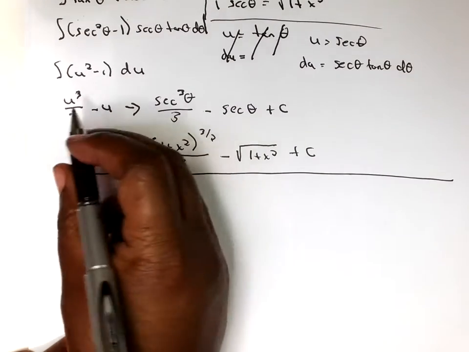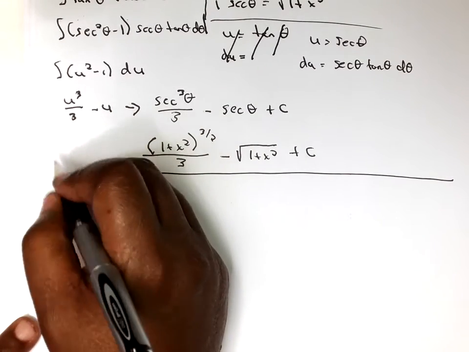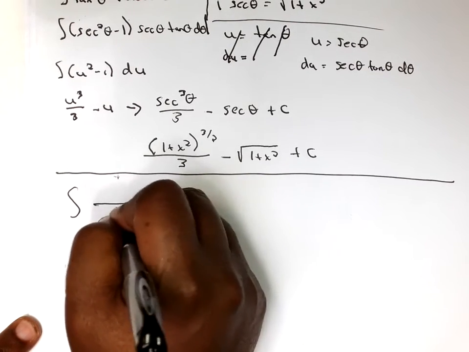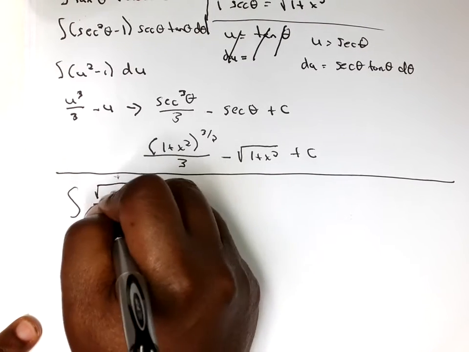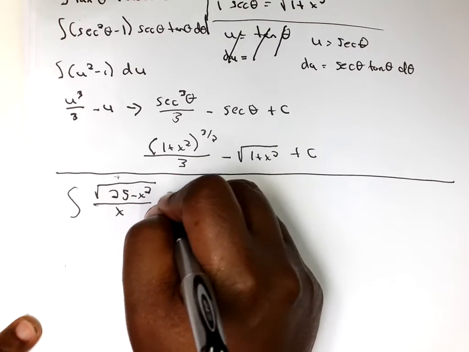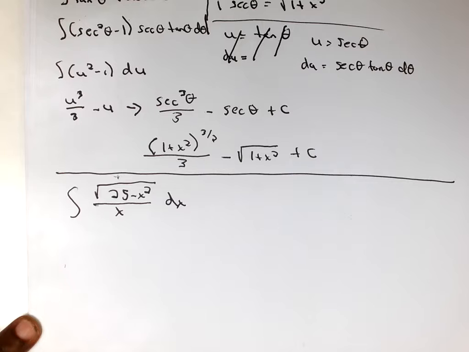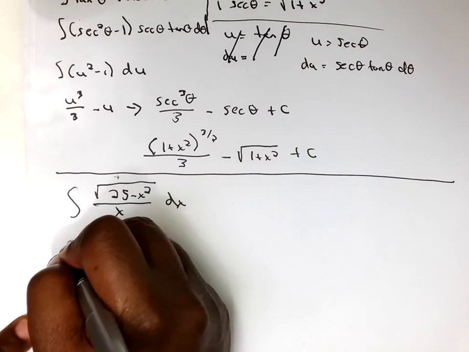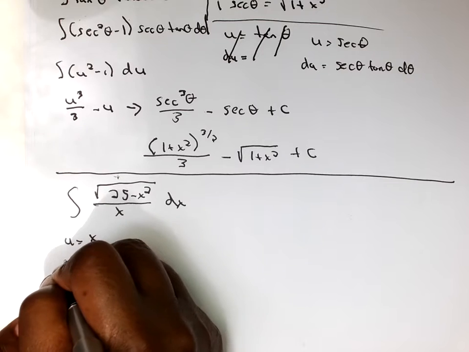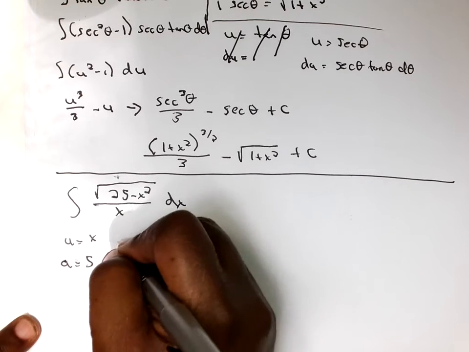And then we have square root of 25 minus x squared over x dx. So my u is x, and my a is equal to 5.